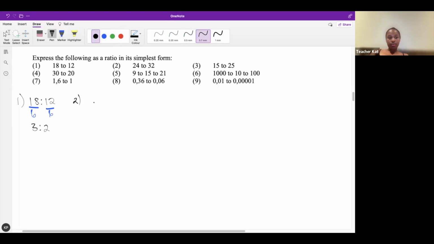Great. Number two, 24 to 32. What is my highest common factor? It's not 10. 8. Nice.